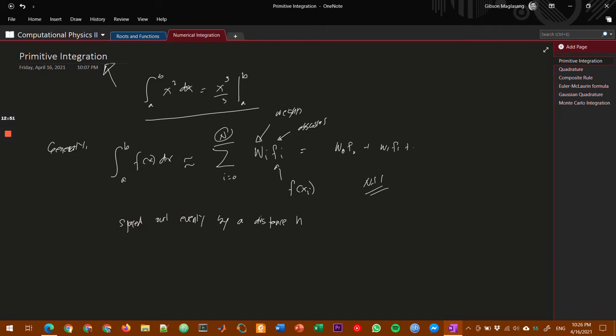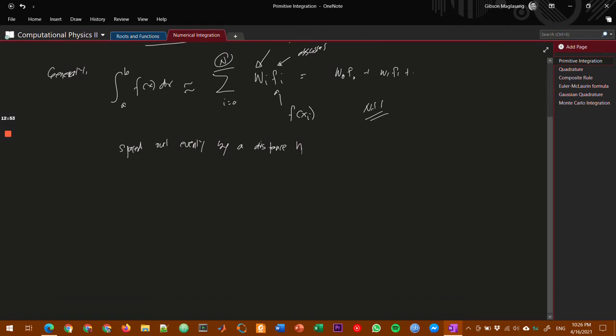A very simple formula that we can use in approximating the integral, which we'll call I, is approximately w0 f0 plus w1 f1, where x0 is our starting point A, and x1 is B.